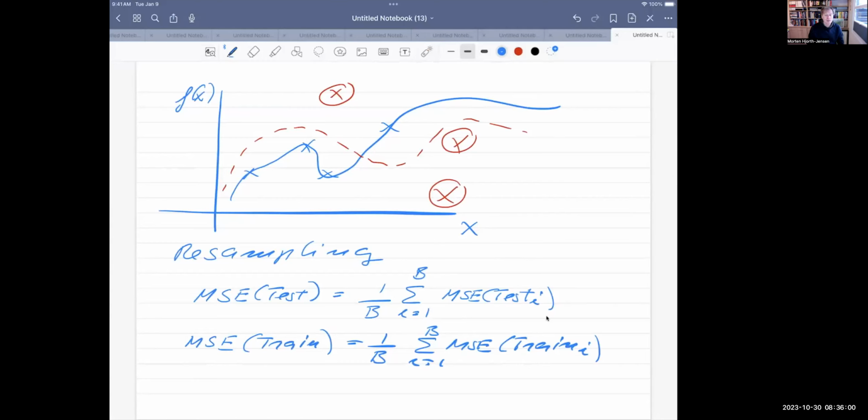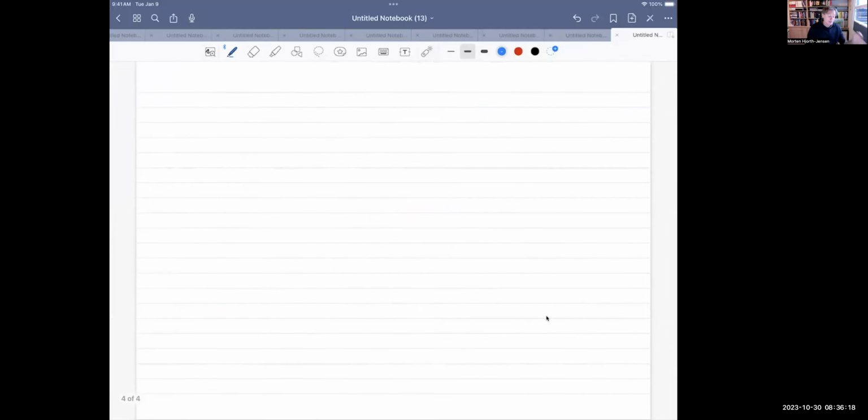Later it has been proven mathematically that this method, for independent and identically distributed events, should approach the correct expectation values which you would have in the infinite limit. So these are things which we can use in trying to find the best possible estimate for quantities like the mean squared error.